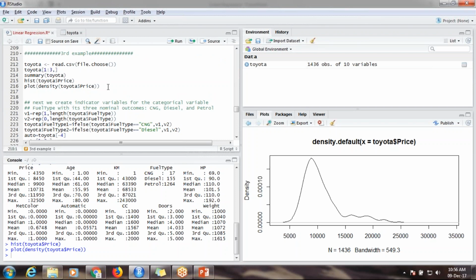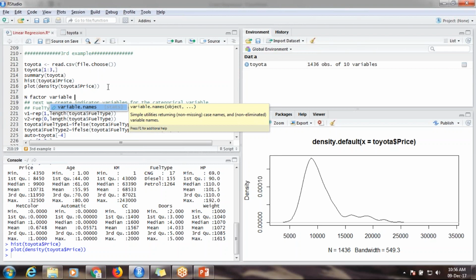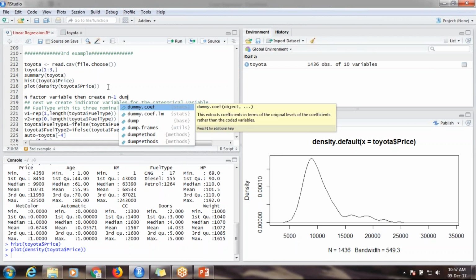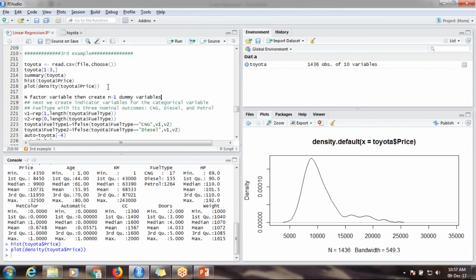If you have n factor variables, then create n minus 1 dummy variables. This is the rule of thumb you always need to remember.